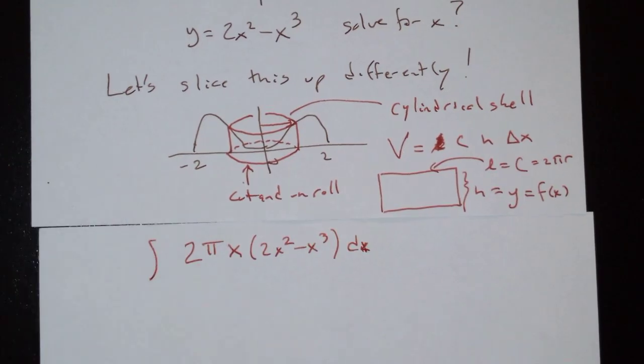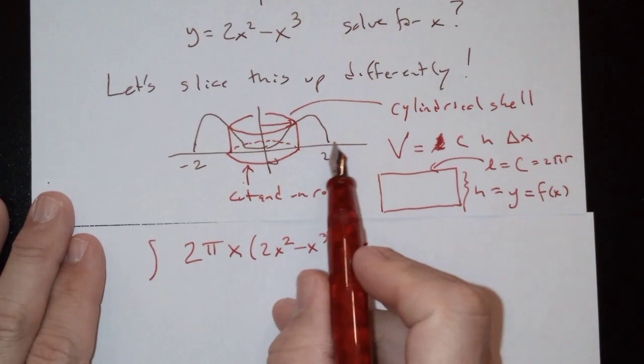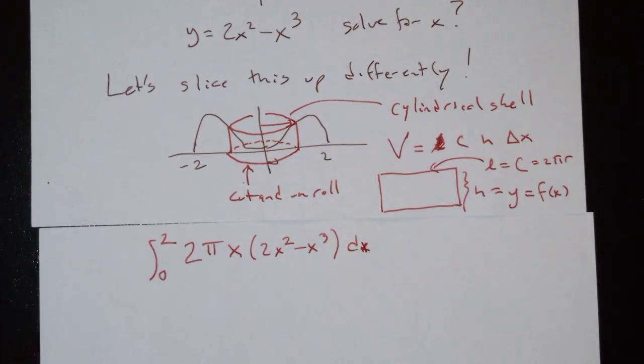gives me an integral. Now, here's the absolute best part about this integral. This integral is in terms of x, which means it starts and ends where our curve started and ended. Holy crap, this works!